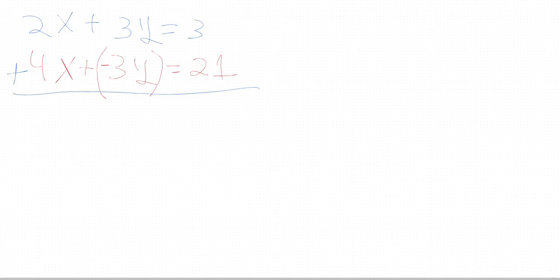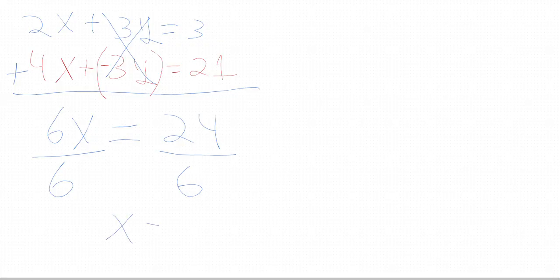And we're going to add the results as well. So 2x plus 4x is 6x. 3y plus negative 3y cancels out, and 21 plus 3 equals 24. Okay, divide both sides by 6, and you get x equals 4.